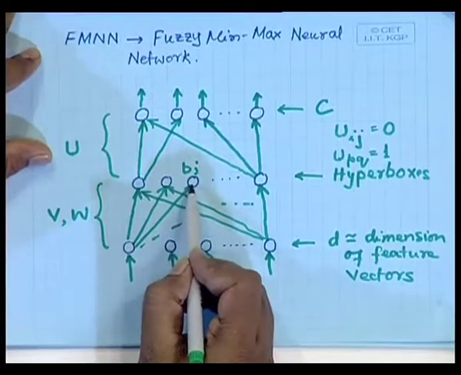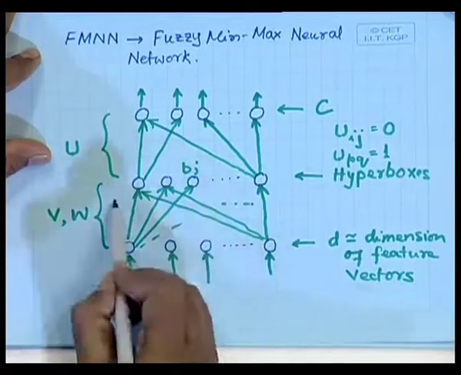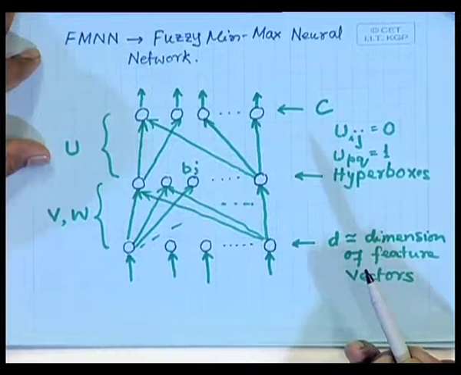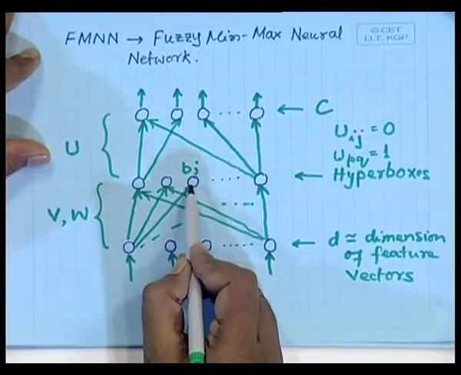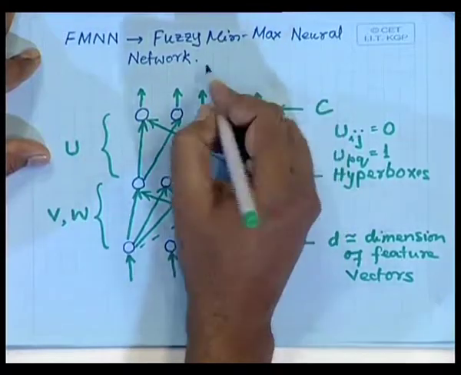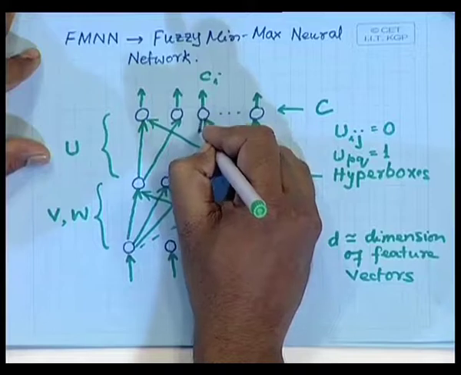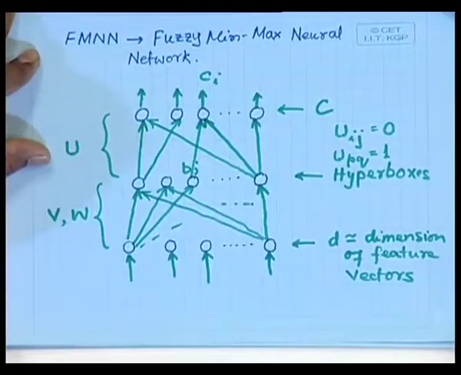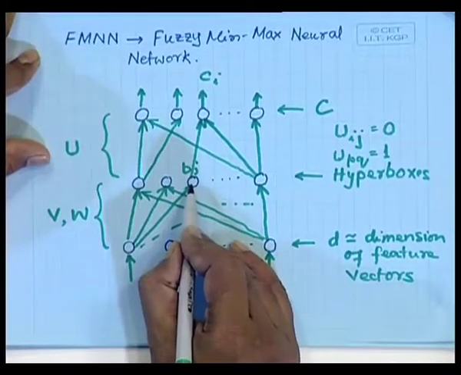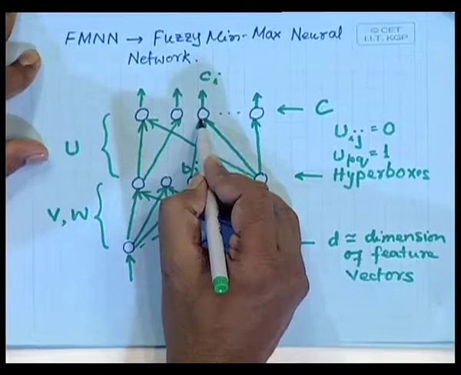All these hyperboxes are to be created during the training or learning operation. If this B_j is connected to, say, an output class C_i, then the corresponding connection weight is equal to 1. This output membership value is collected by the output layer node C_i.